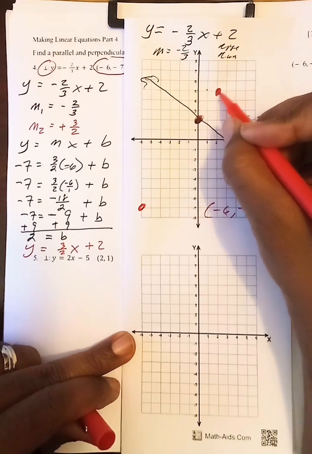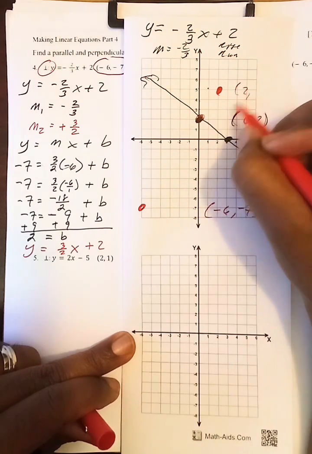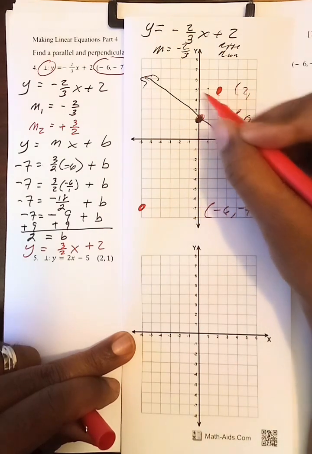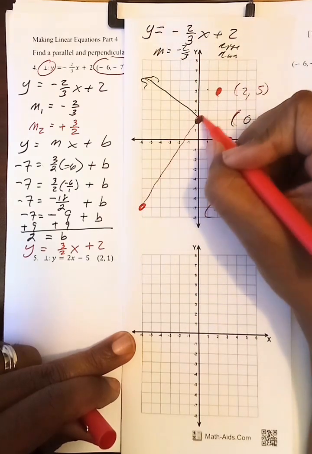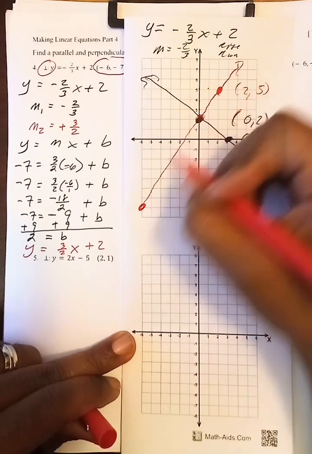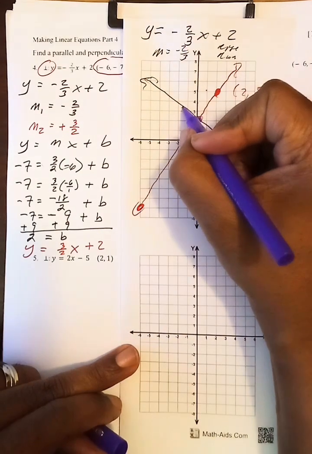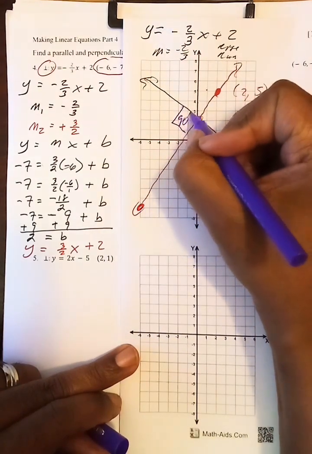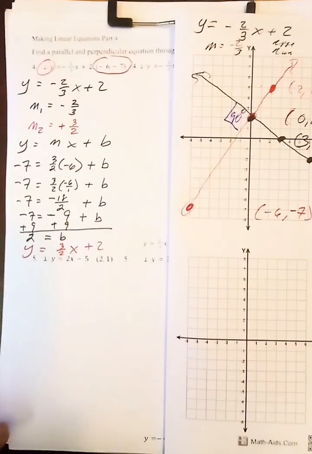And that'll give us 2 comma 5. And if we draw a line going through there, yes, the new line looks like it makes a perfect 90-degree angle. So that is perpendicular. Great. All right, let's try this again.